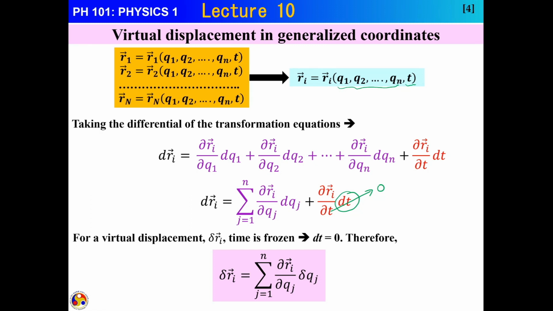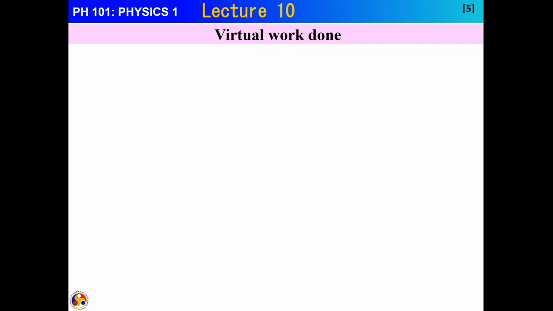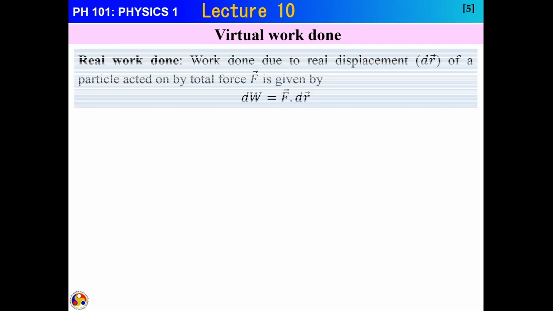Now, whenever we say a displacement, you also end up with the work done. The real work done is the work done due to a real displacement dr of a particle acted upon by a total force F, which is given this way.